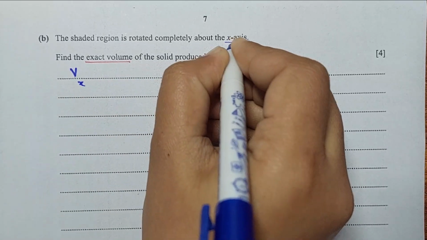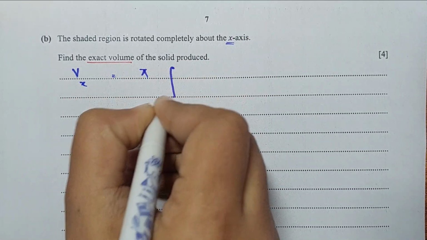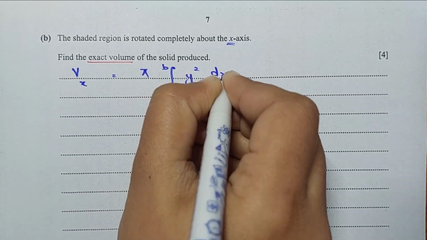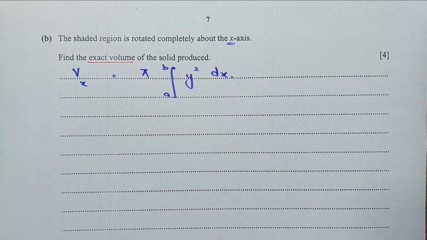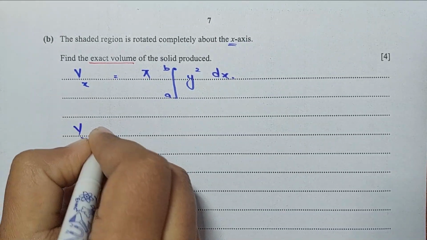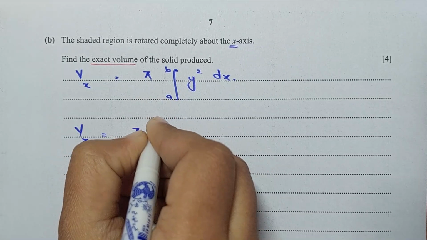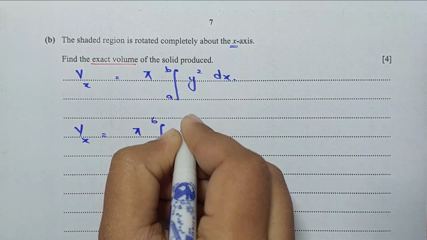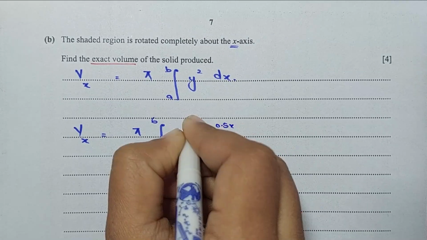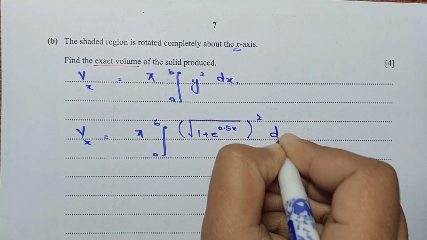And about the x-axis, Vx, its formula is pi integration from a to b of y squared dx. The a value is 0, the b value is 6, and y is square root of 1 plus e to the power 0.5x, its whole squared, dx.